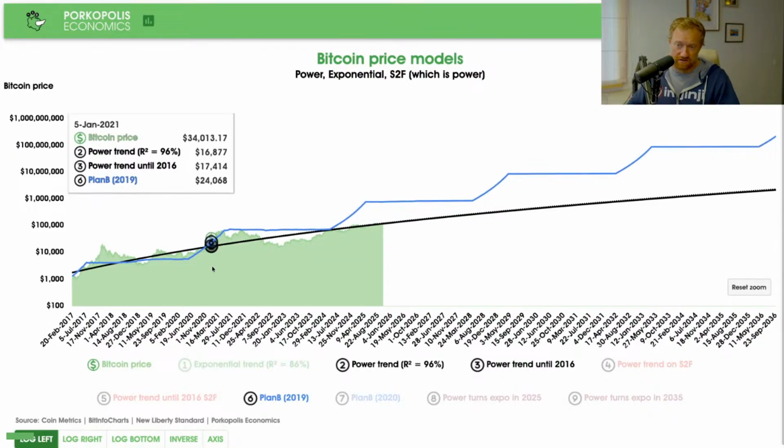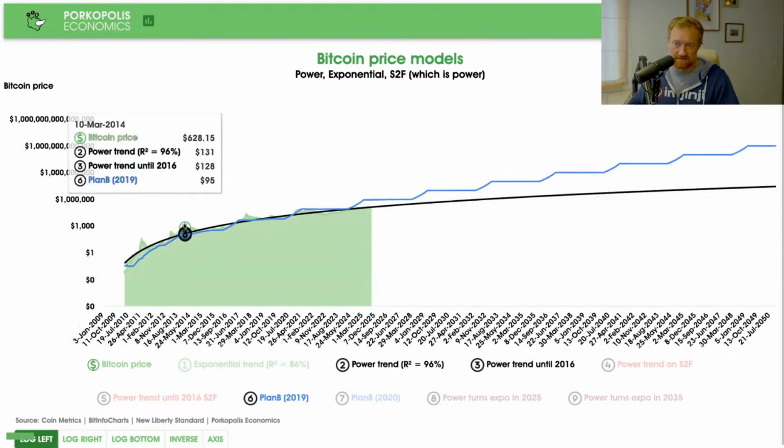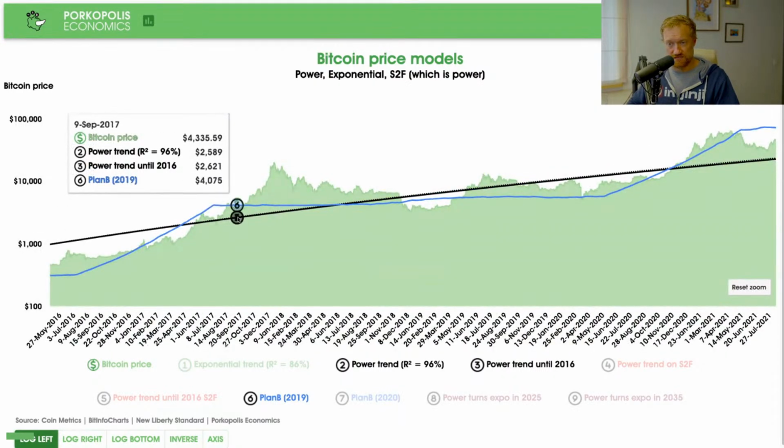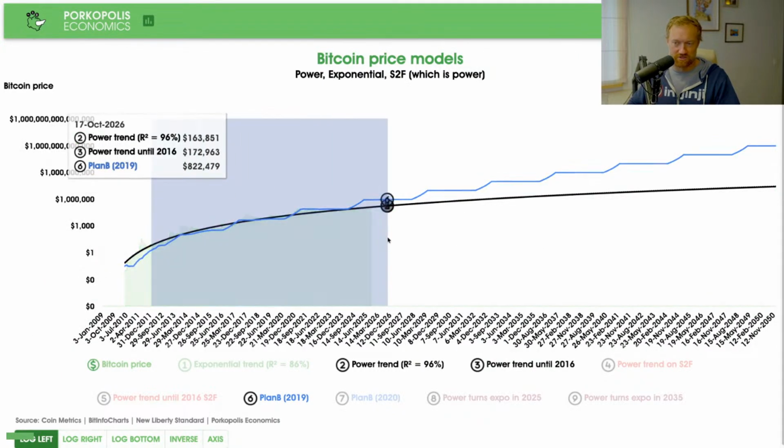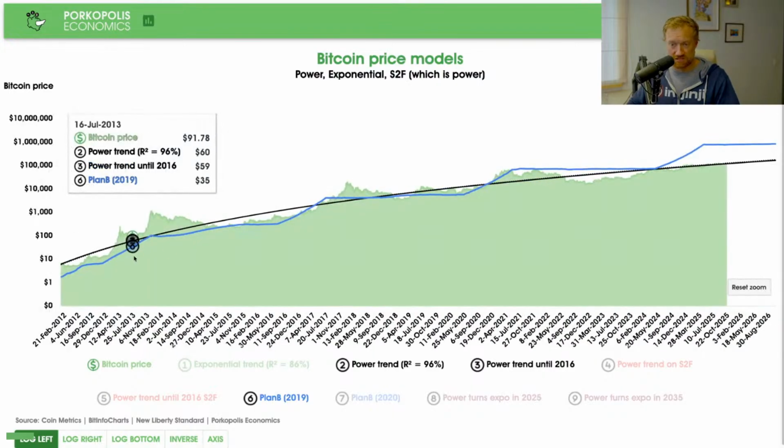Now, this is a 4-year model, so inherently you might line up with the booms, right? And by the way, your model should not predict, and I guess it would be good if it did predict the booms, but it's arbitrary.